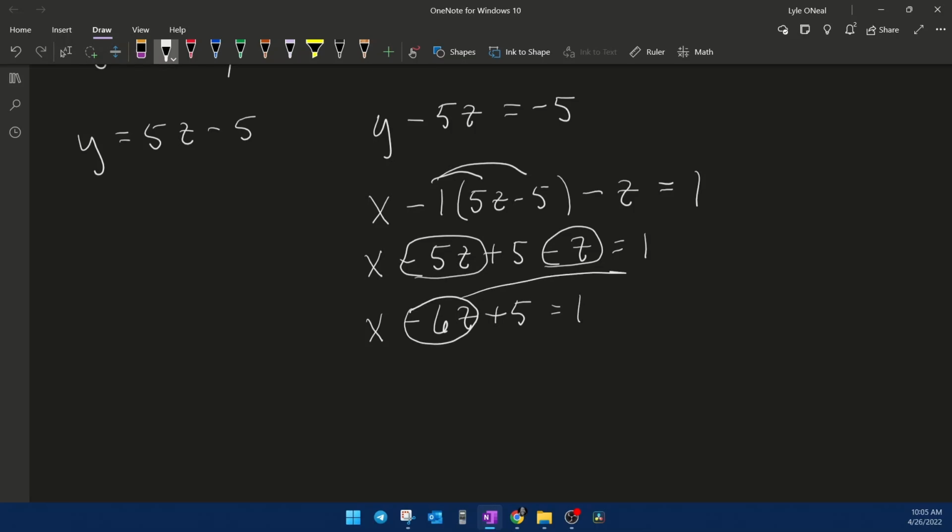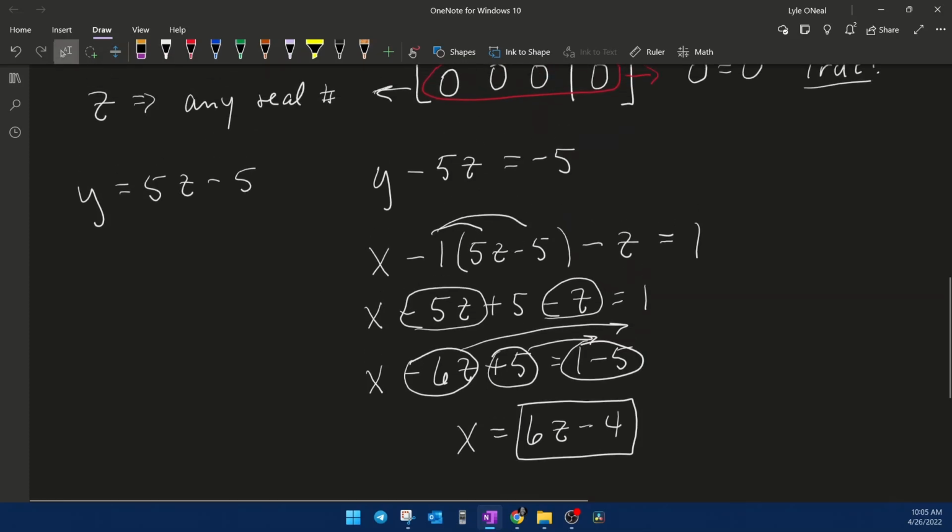Moving the minus 6z and the plus 5 over to isolate x. That's going to give us positive 6z. The plus 5 becomes minus 5. 1 minus 5 is minus 4. And now we can see what x is in terms of z.